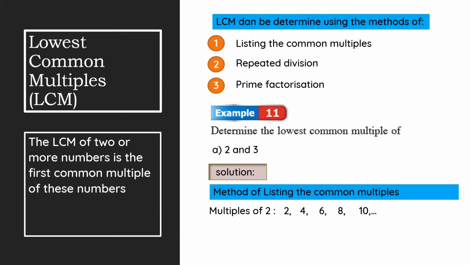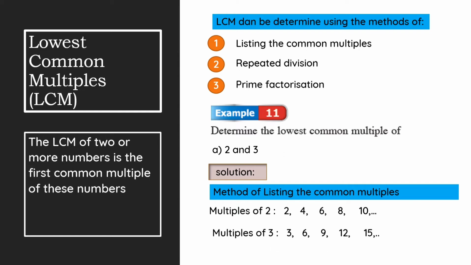First, we need to list the multiples of 2, which are 2, 4, 6, 8, and 10. 2 times 1, 2, 2 times 2, 4, 2 times 3, 6, 2 times 4, 8, 2 times 5, 10.